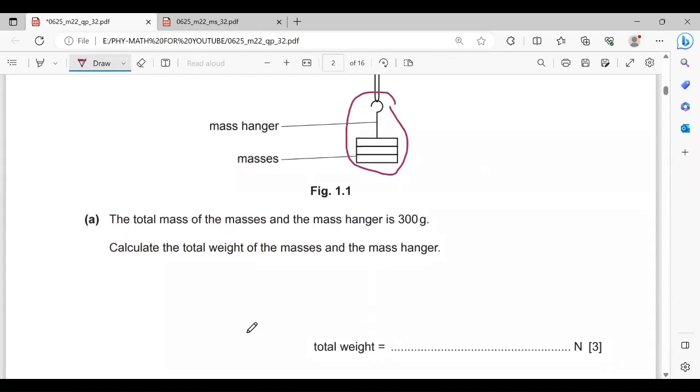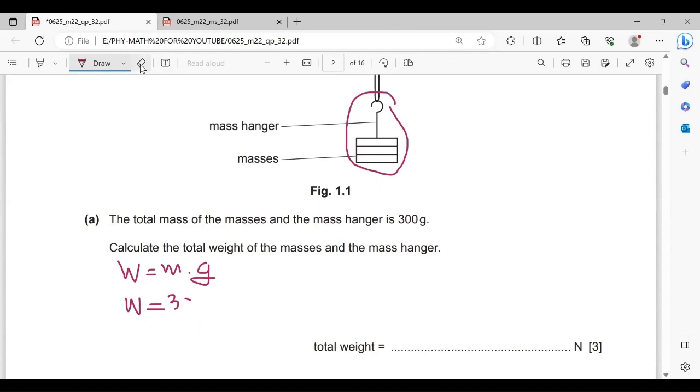As you know, this mass is 300 grams. And then we're going to calculate with the formula W equals M times G. It means W equals 300 grams.